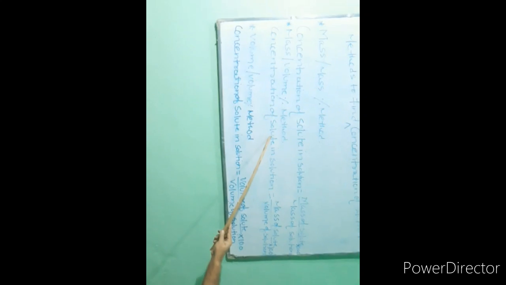Concentration of solute in solution equals mass of solute by volume of solution into 100. Next, volume by volume percentage method. Concentration of solute in solution is equal to volume of solute by volume of solution into 100.